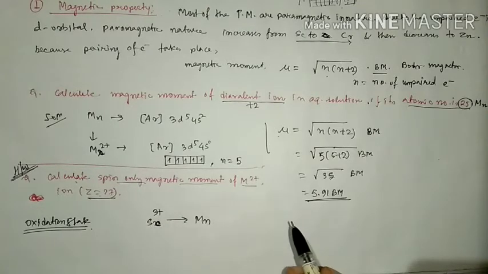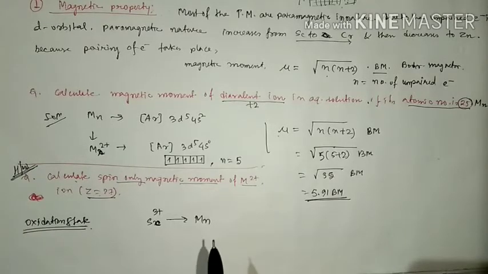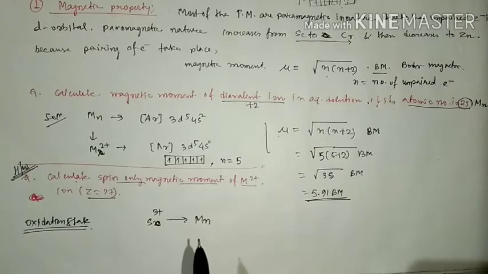Second question: which of the transition metals shows the largest oxidation state and why? The answer should be manganese. And why? Because in manganese, 5 unpaired electrons are in the d orbital and 2 paired electrons in the s orbital, so they can lose all the electrons and form +7 oxidation state.